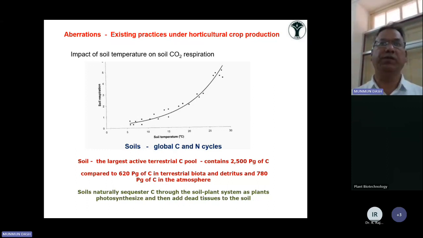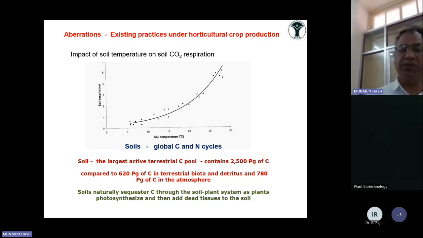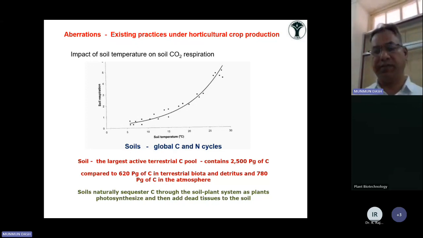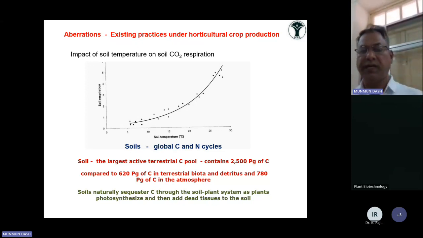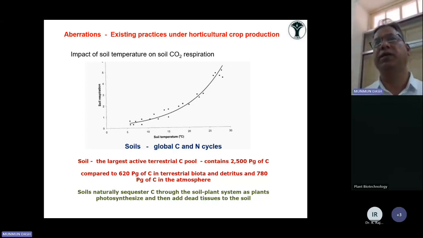This carbon stock has to be sustained for a longer period. However, soil naturally sequesters carbon through the soil-plant system, through plant photosynthesis and then dead tissue going into the soil system. This is a common practice in most cropping patterns of farming.